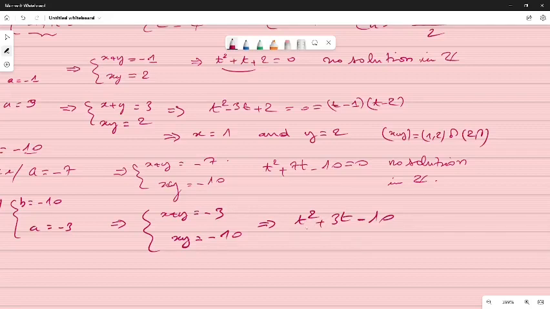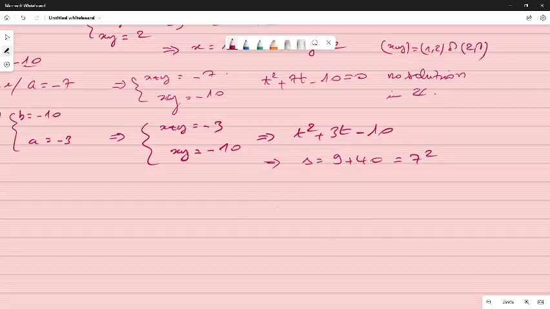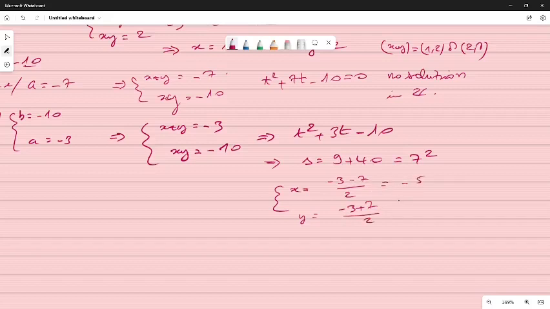And here we compute delta equals 9 plus 40, equals 7 square. So we have two solutions: x equals minus 3 minus 7 divided by 2, which is minus 5, and y equals minus 3 plus 7 divided by 2, which is 2.